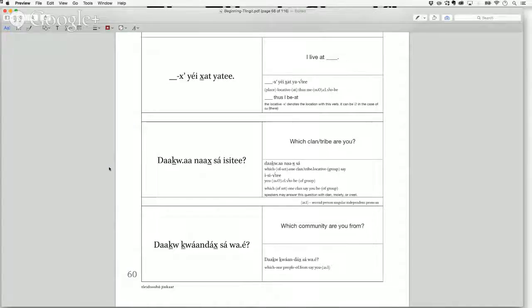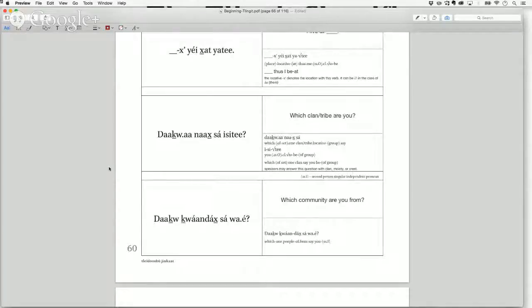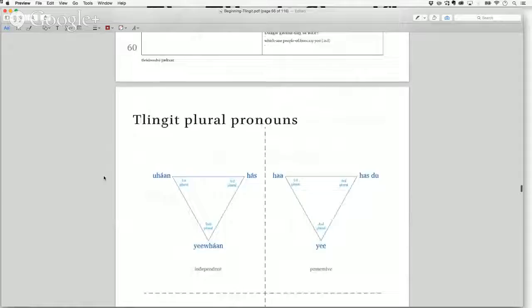And it would be like, did your family tree, and then another 30% of the faces. Dak kwan dak sawae. It's like which community you're from, which region.